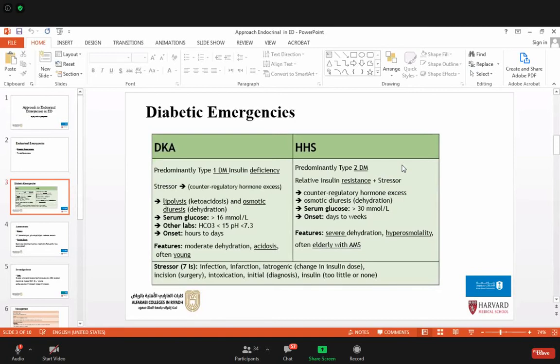I remember a case I had about 3 years ago. The patient came from Hail. They took the ride by car because their father, around 75 years old, diabetic on insulin, started vomiting severely at home. They took him to the hospital in Hail.